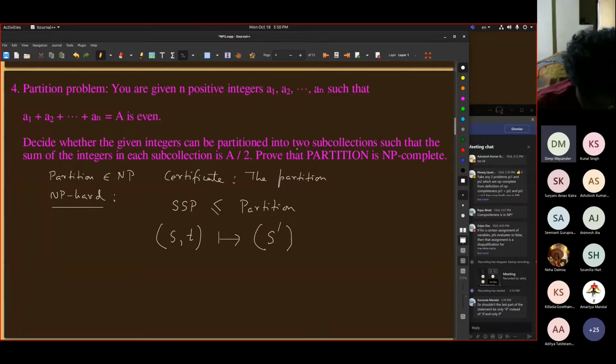I have to generate some S prime which contains a subset with sum equal to the total sum divided by 2 if and only if some elements of S can achieve the target T. S is an array, S prime will be another array. So this is the generic reduction technique. Because this is not a pair, I can remove this parenthesis.